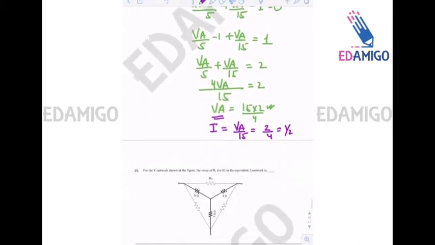Now let's move on to the next question. Again, it's a question of star delta transformation. Here the resistances of the star are given and we have to find the value of R1.